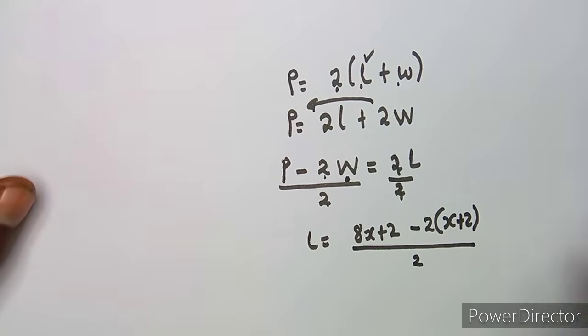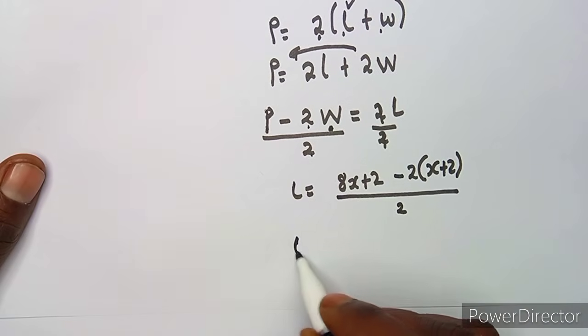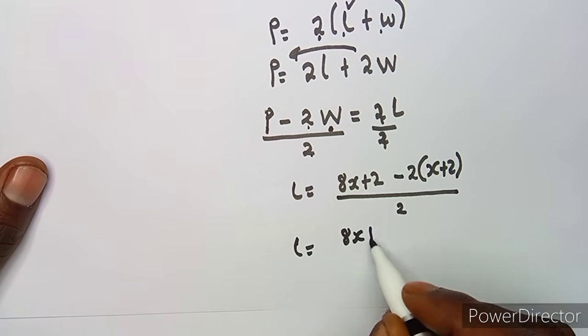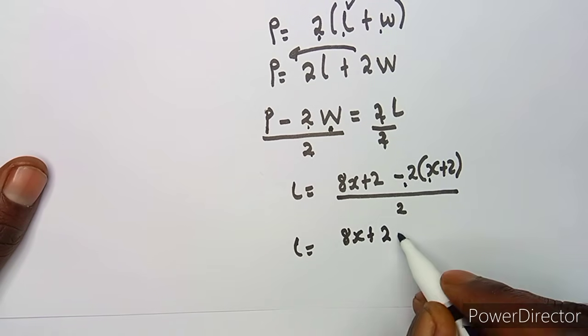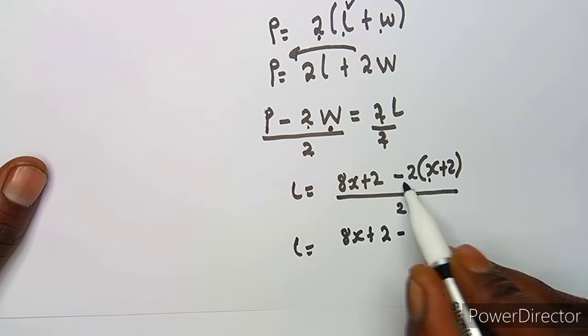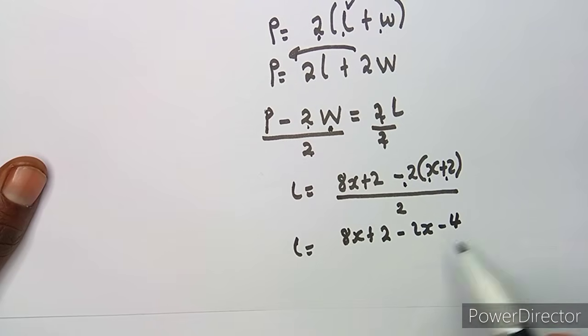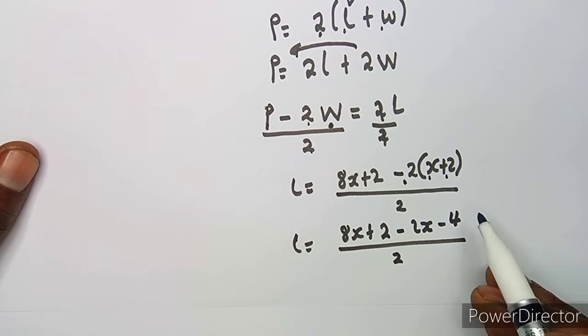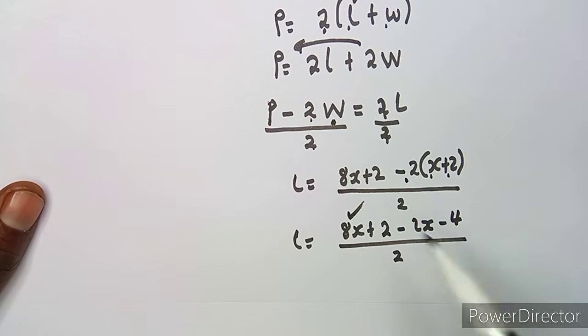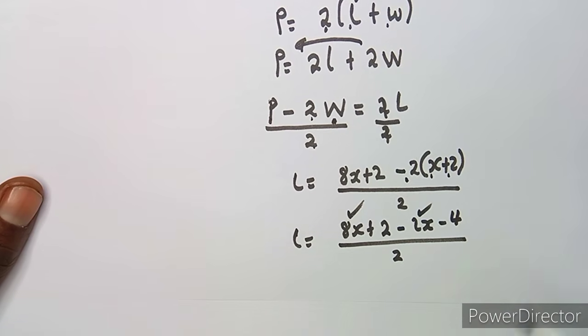So you can simplify further, which is 8x plus 2 minus 2 times x, that's minus 2x, minus 2 times minus 2, which is minus 4, over 2. So collecting like terms, as you can see, you've got 8x and 2x. So you have to subtract there, which is going to give us 8 minus 2, that's 6x. 2 minus 4, which is minus 2, over 2.